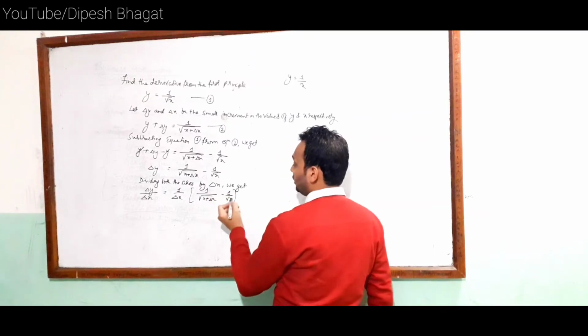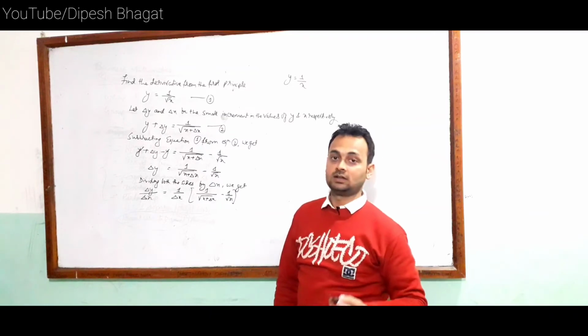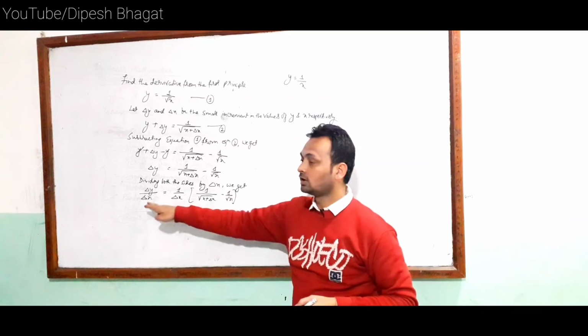Clear? Now after this, we take the limit, where delta x tends to 0, and then we will try to solve the equation.